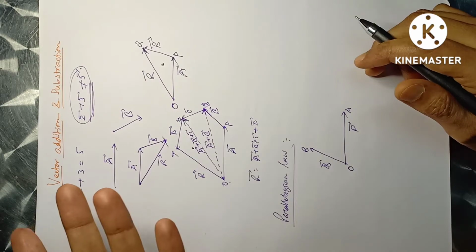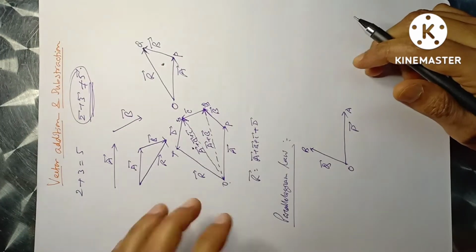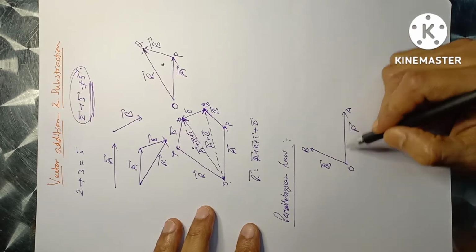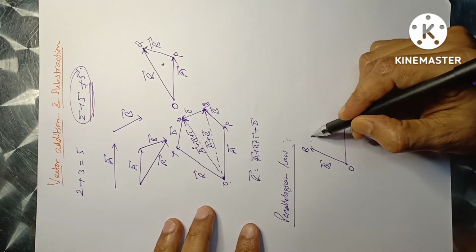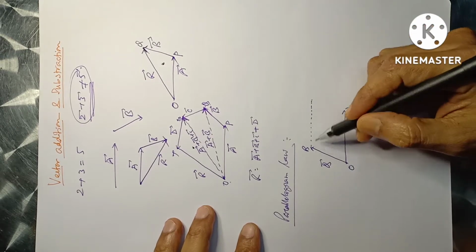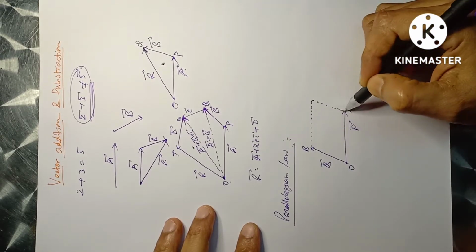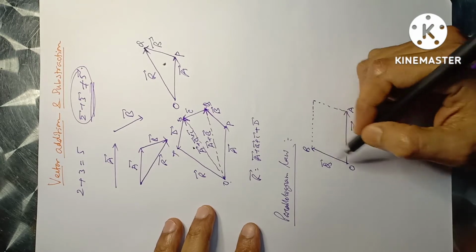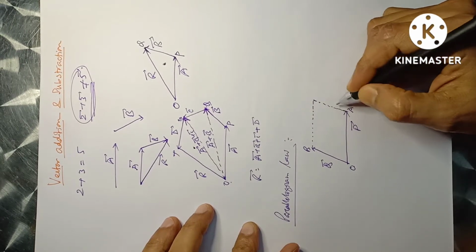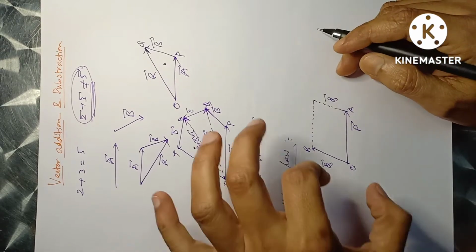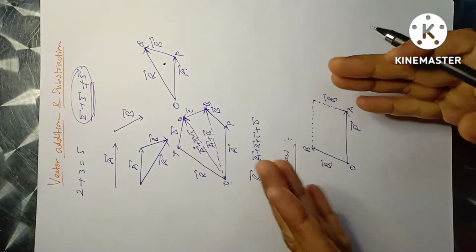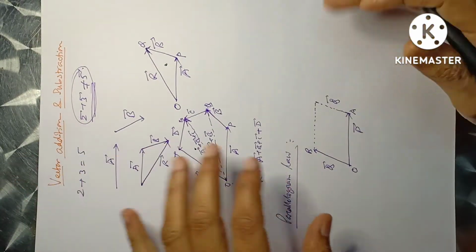We want to add these by the parallelogram law. Complete the parallelogram. Draw an arm parallel to OA and draw another arm parallel to OB. Then we can also write this arm as Q vector because the magnitude is the same and the direction is the same, parallel. Then these two vectors are equal.